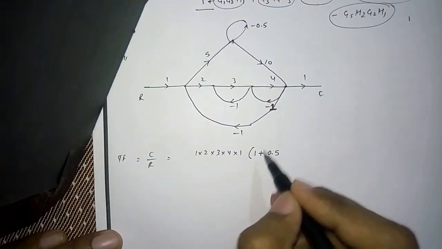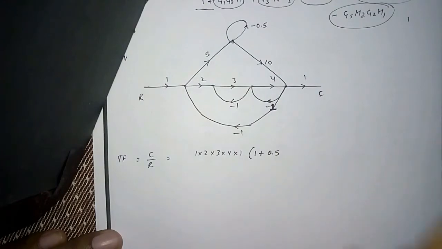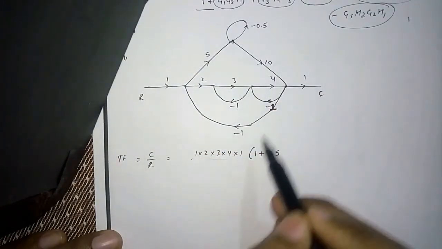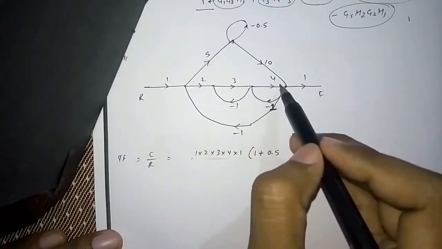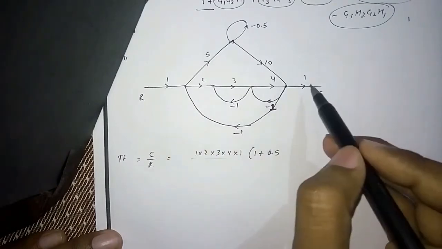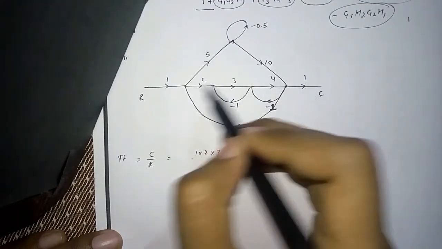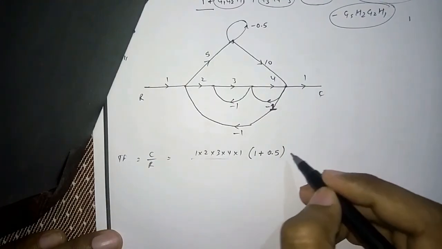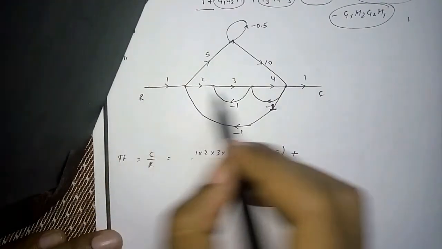Similarly we have to ignore the minus sign because this is only one loop, we are taking single loop only, and this path is touching all other loops. This loop is touched by this path, this loop is also touched by this path, this loop is also touched by this path. So just over, then plus second path.